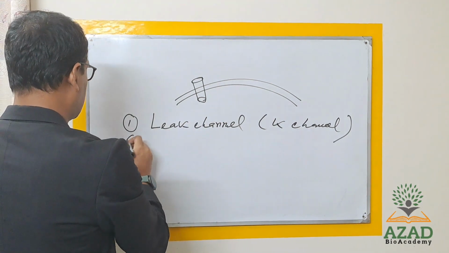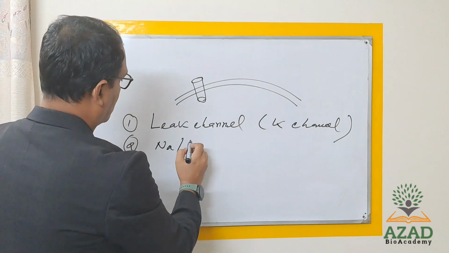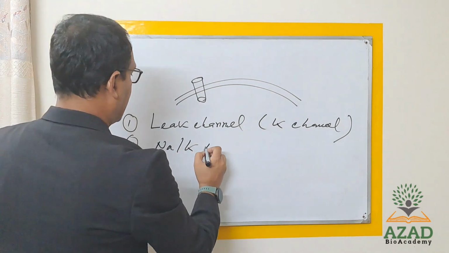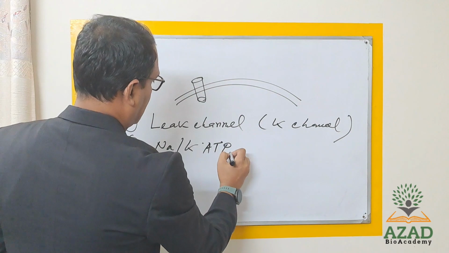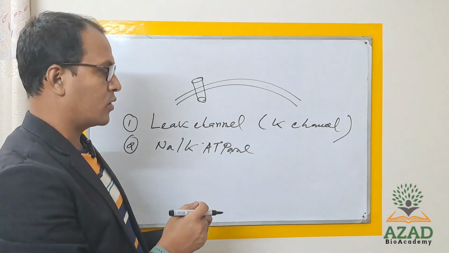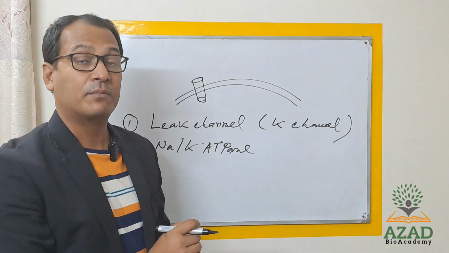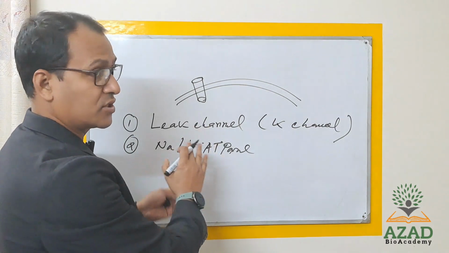Second one is sodium potassium ATPase. This is also called sodium potassium ATPase or sodium potassium pump. You can say this is the exchanger channel.